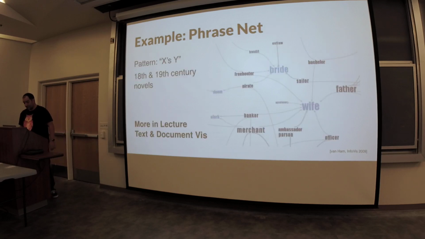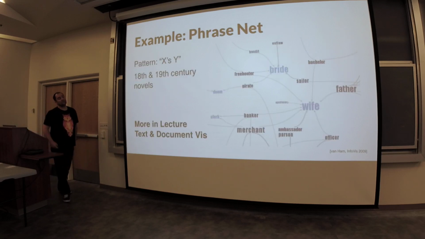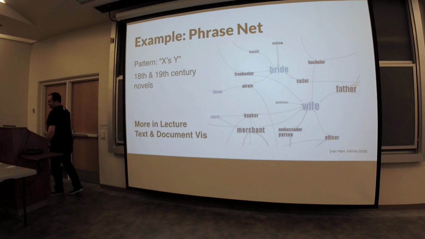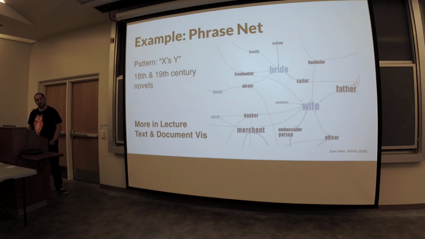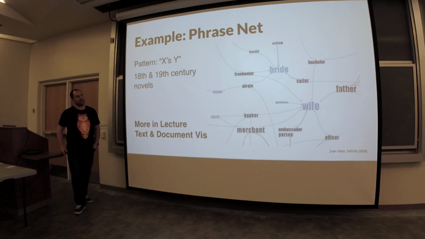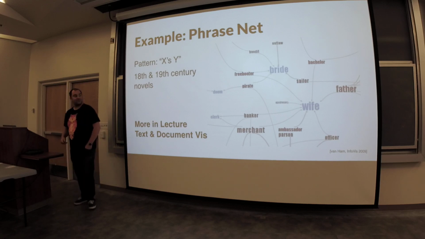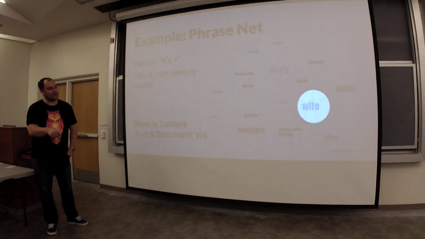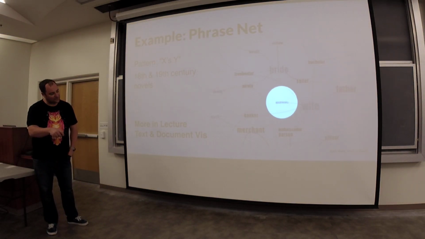You can use a different way of specifying the rules. For example, if you say X is Y, and you run this on 18th and 19th century novels, you get something quite interesting. For example, we have the wife: the father's wife, the apothecary's wife, the ambassador's wife, the officer's wife, the merchant's wife.